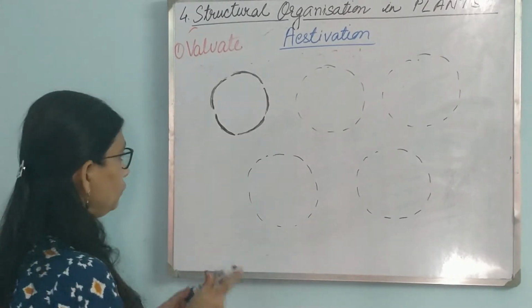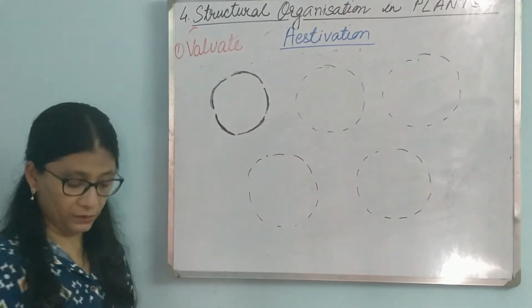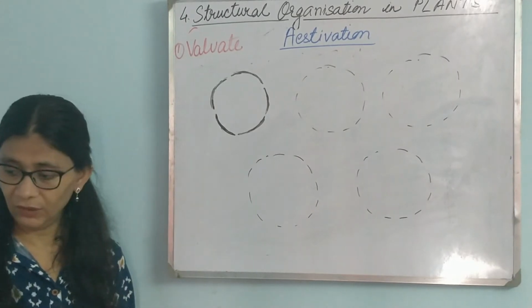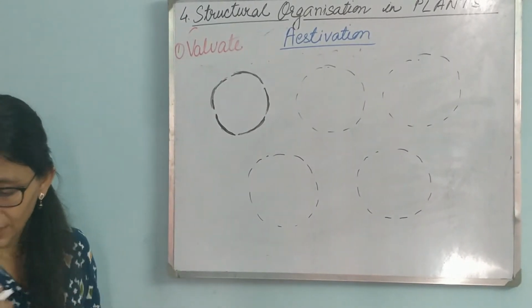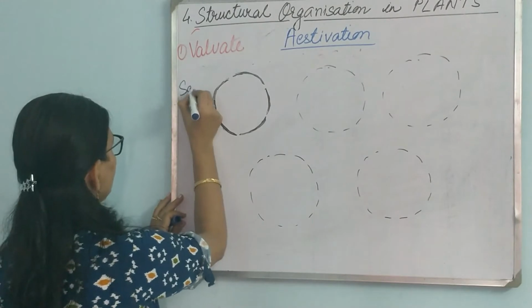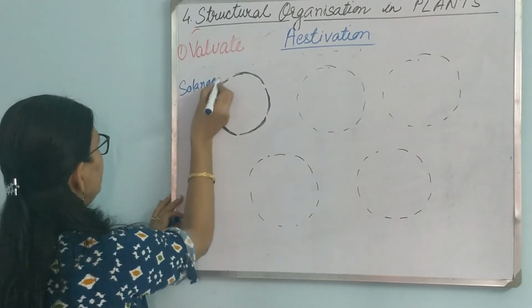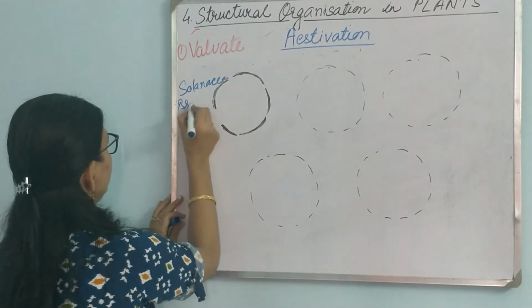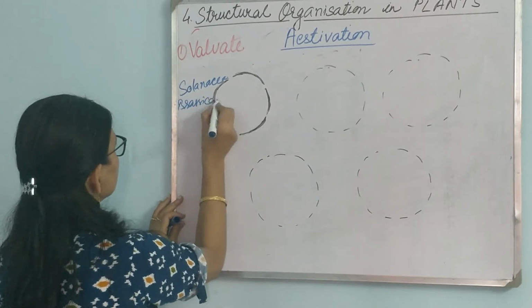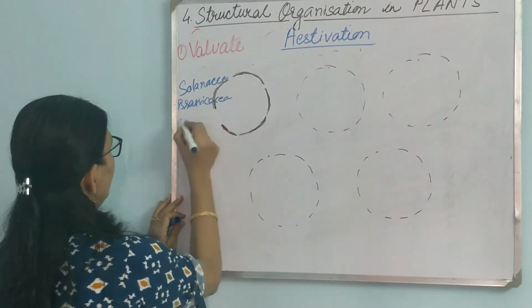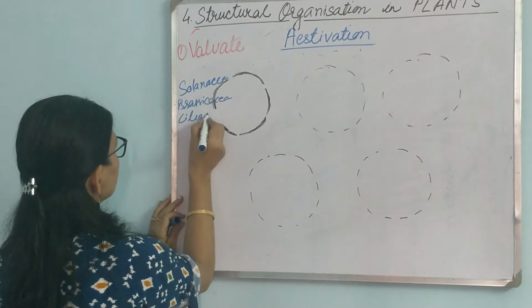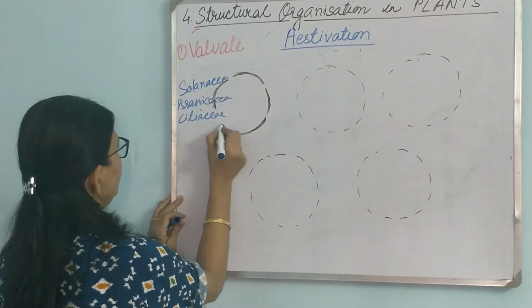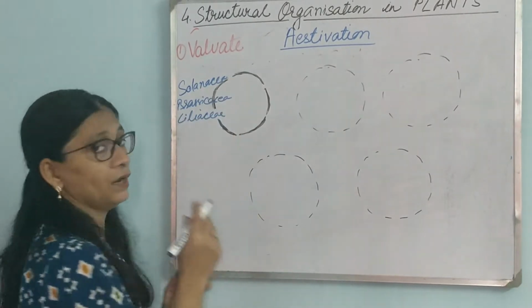This kind of arrangement is known as valvate. It is written only valvate. And valvate aestivation is seen basically in these families: Solanaceae, Brassicaceae, and Liliaceae. In these families, we get to see valvate.